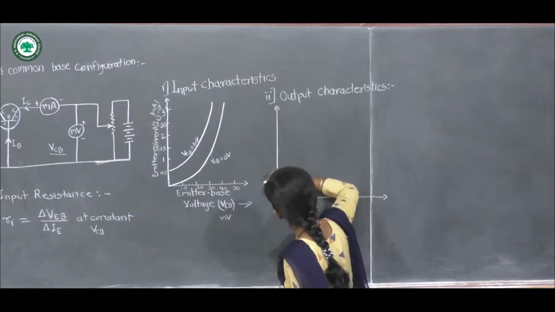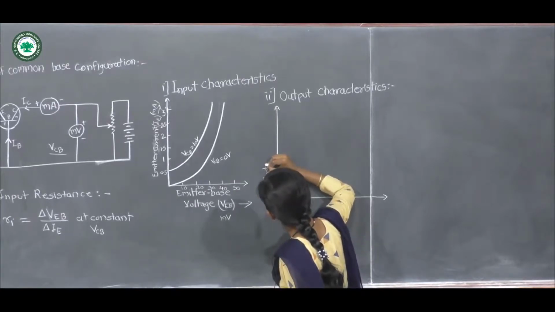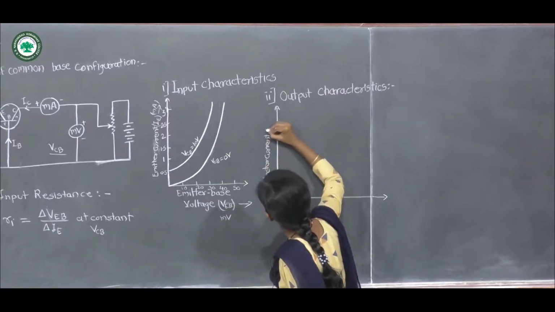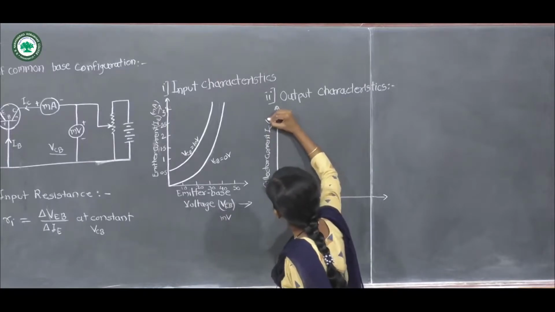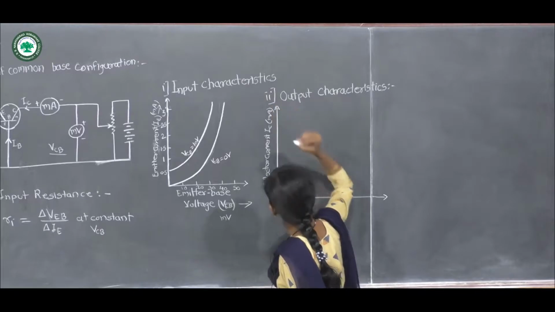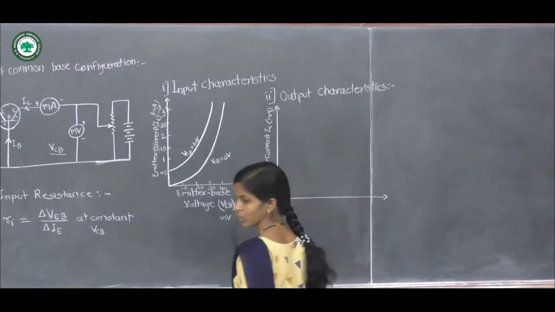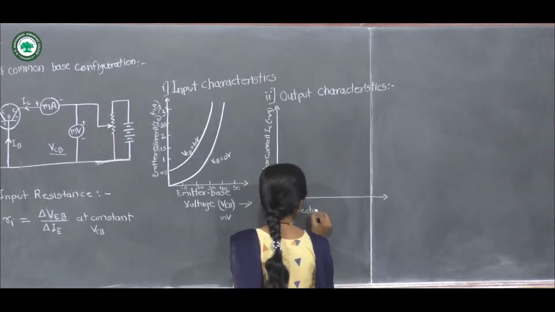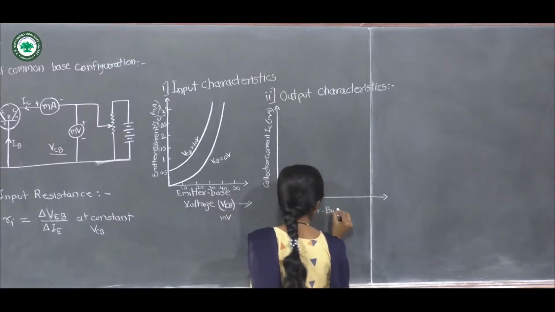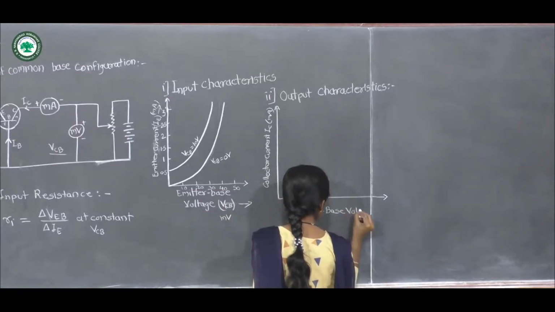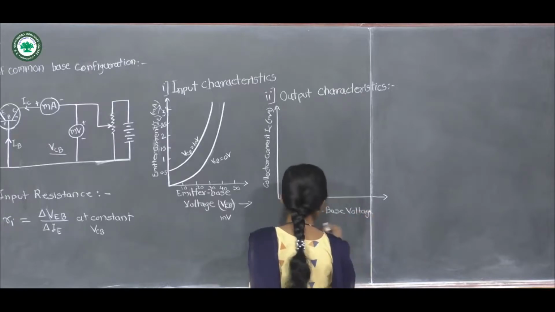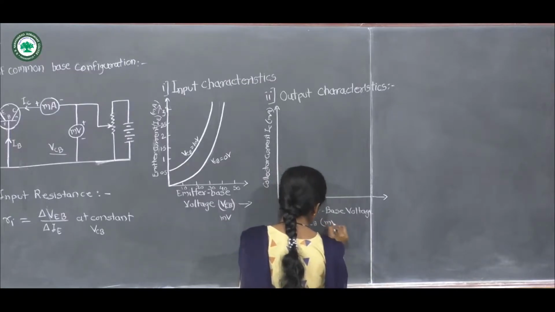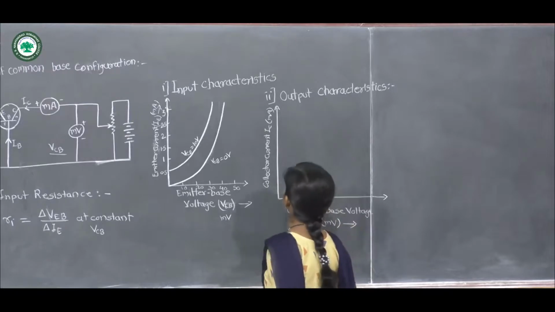So on the y-axis one should plot the collector current IC, which is measured in terms of milliampere, as a function of collector base voltage VCB, which is measured in terms of millivolt.